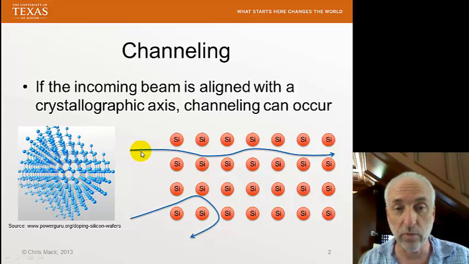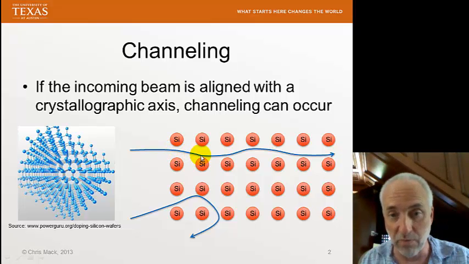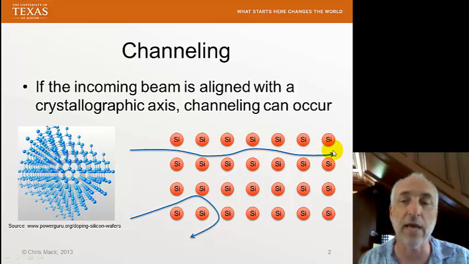So here we display an ion coming in and it's aligned with the channel. Maybe it moves close to a silicon and bounces away, but it's essentially like a waveguide, an ion guide, guiding the ion through the channel, and it'll go a long ways before it eventually stops.